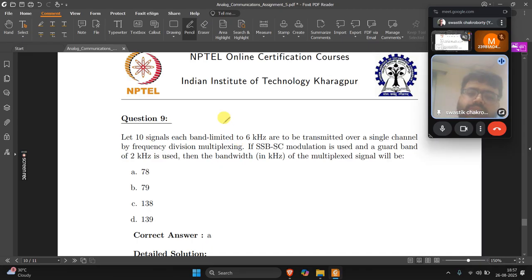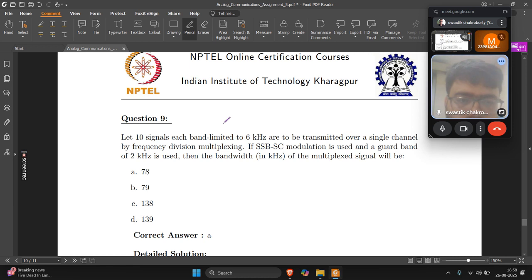So we will divide the available bandwidth into 6 kHz slots and transmit these signals. Now SSB-SC modulation is used and a guard band of 2 kHz is used.